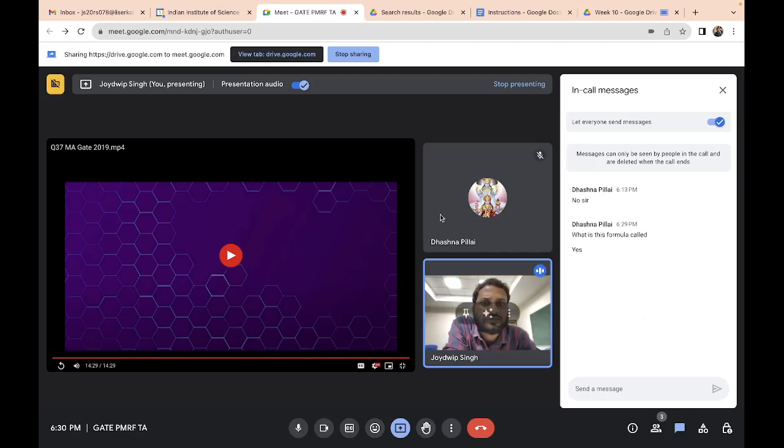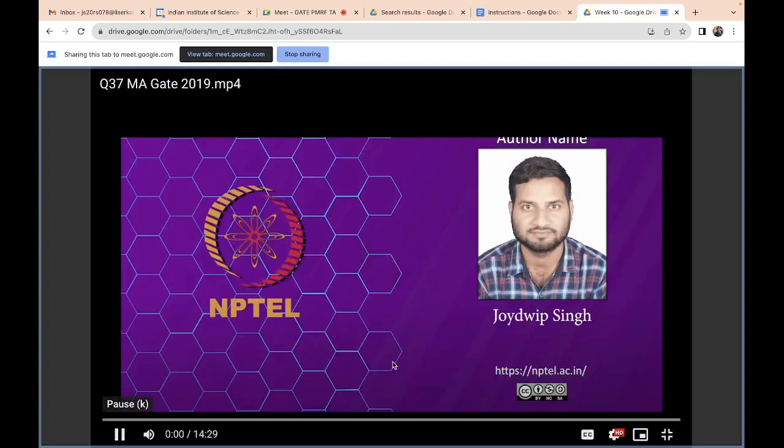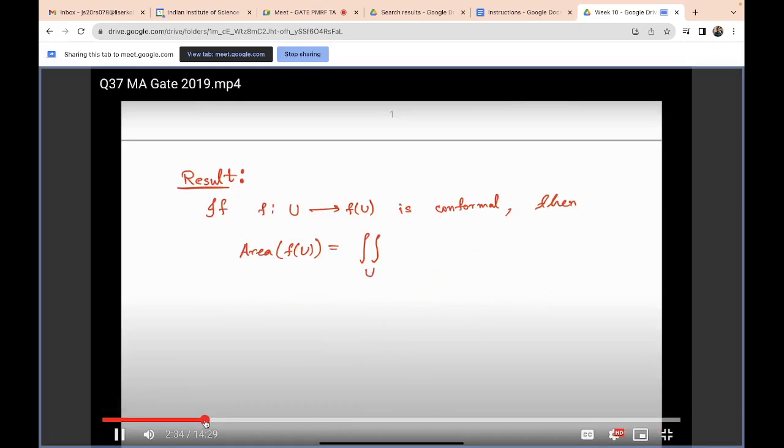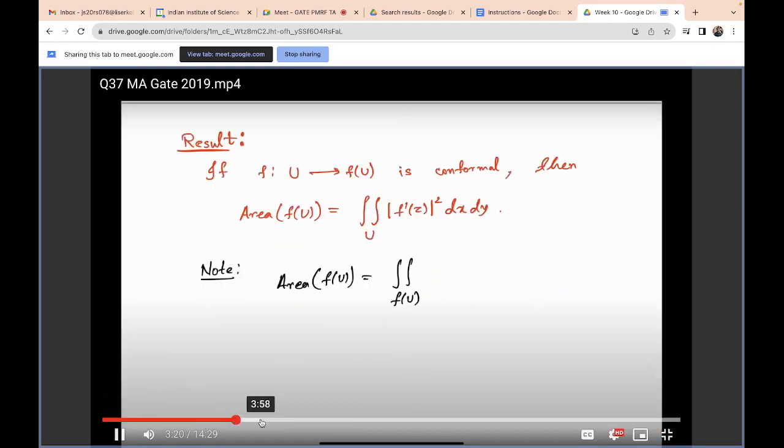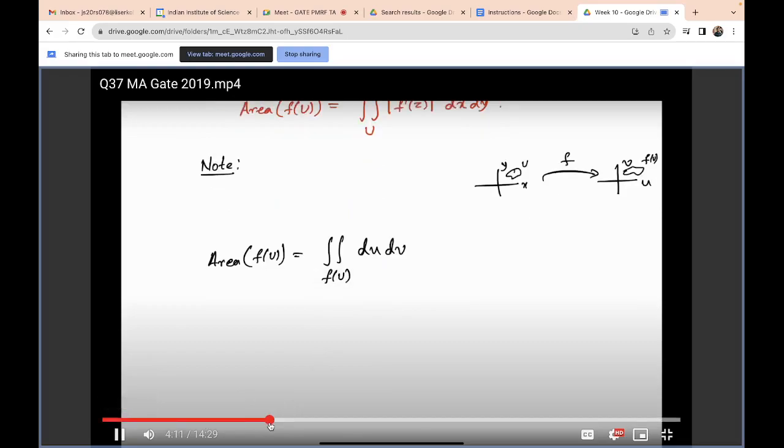Let me explain what we have done here. This is just the characteristic function over f(U). So the area of f(U) is the integral of the characteristic function over f(U) over the whole UV plane, and because it is the characteristic function over f(U), the integral reduces to the area of f(U).